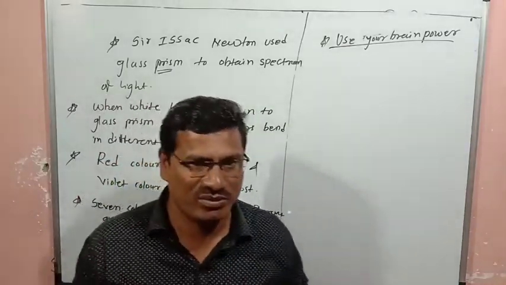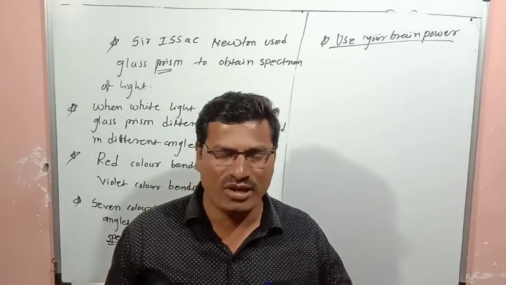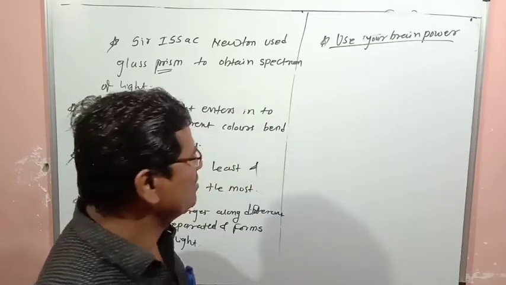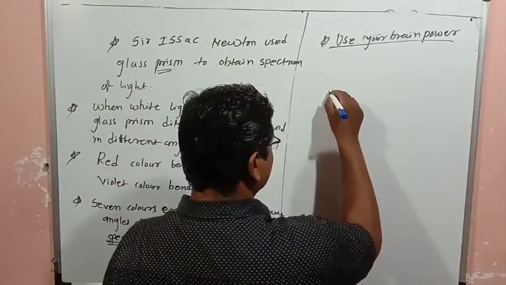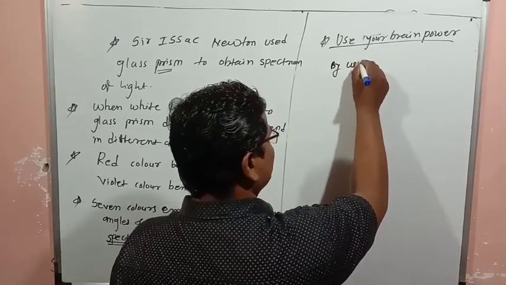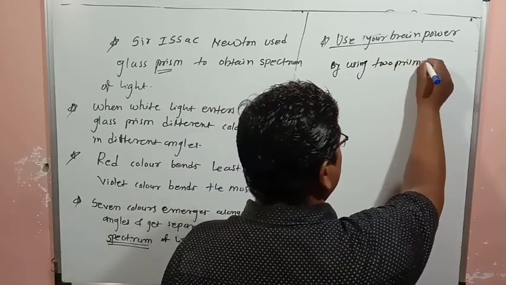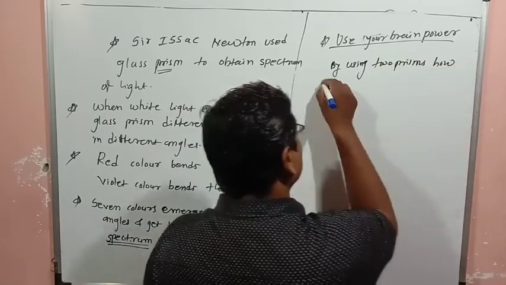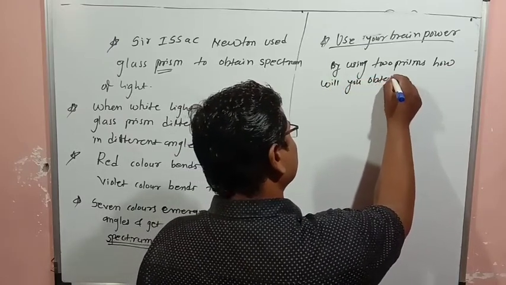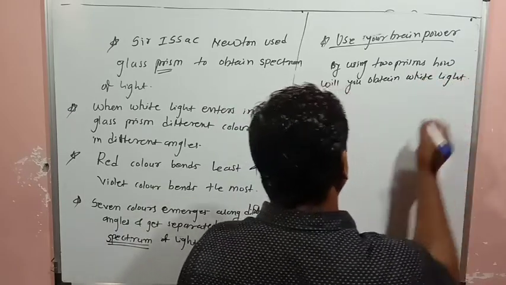If you are using 1 prism, then you will get a band of 7 colors. But how will you obtain white light by using 2 prisms? It is simple.